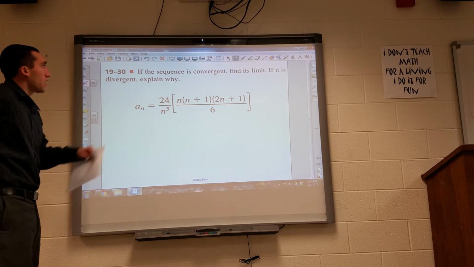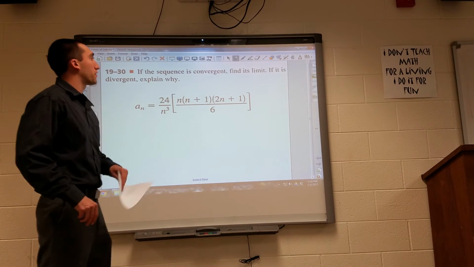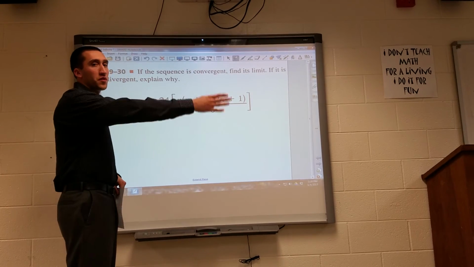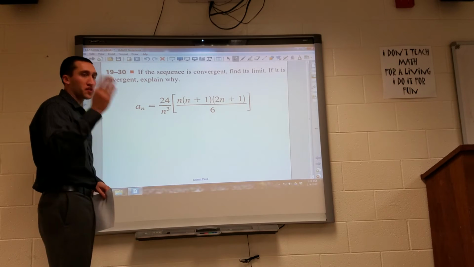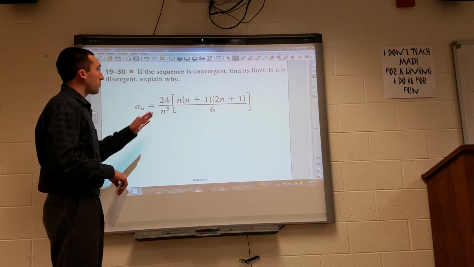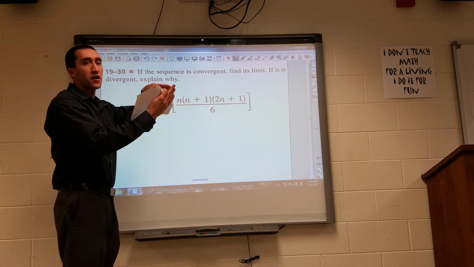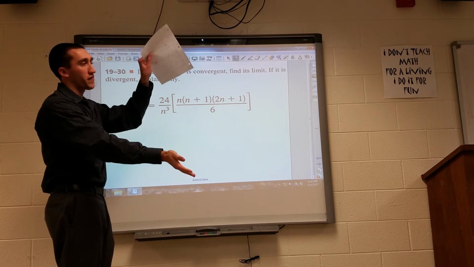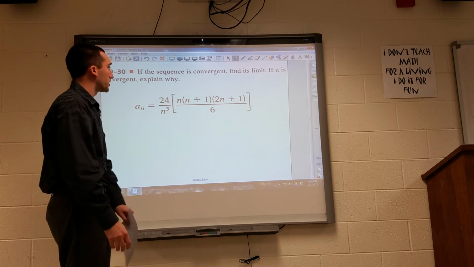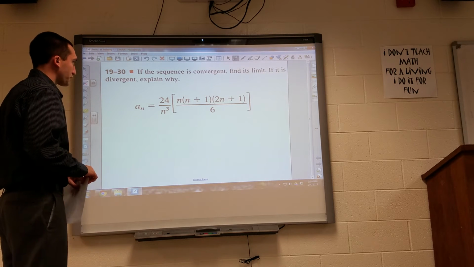So basically, our sequence converging or diverging means as you go out to infinity. As my n values get really large, is my sequence going to converge to a point, or is it going to constantly diverge? Is it going to go away from each other, or is it going to converge at a particular point?